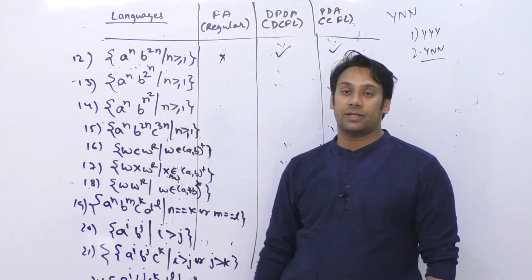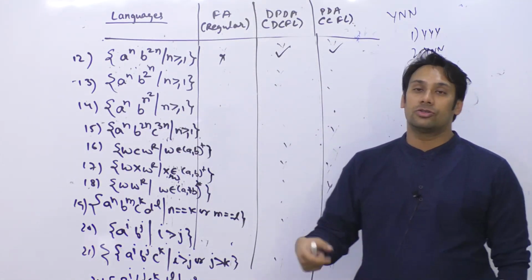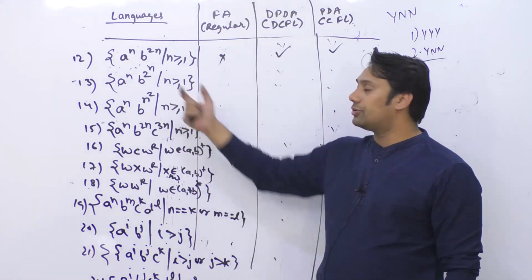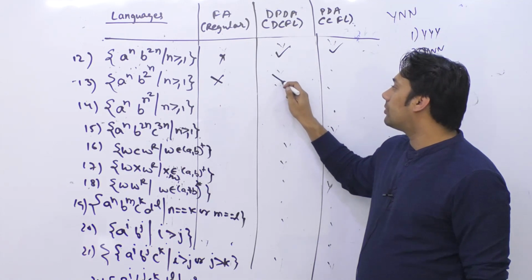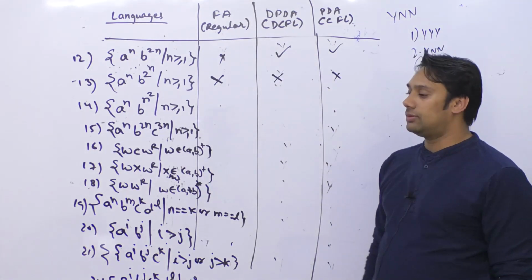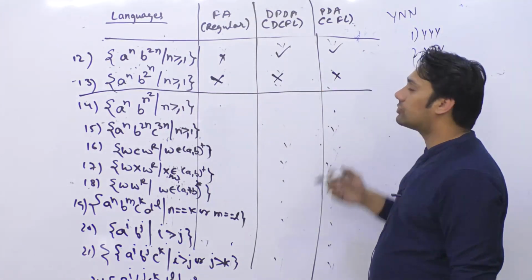But here it is not an arithmetic progression, it is growing exponentially. So you cannot make a finite automata, a DPDA, or an NPDA for this, because you are not even having an arithmetic progression here.